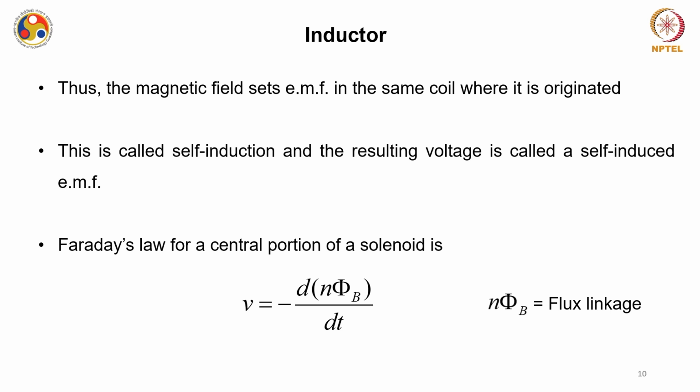Faraday's law for the central portion of a solenoid can be written as V equal to d by dt of N into phi B, where the multiplication of N into phi gives the flux linkage.